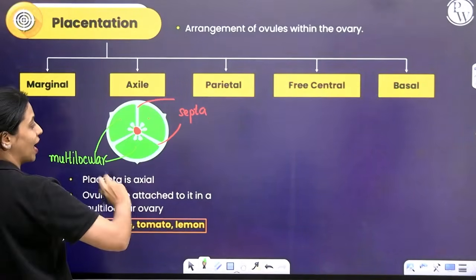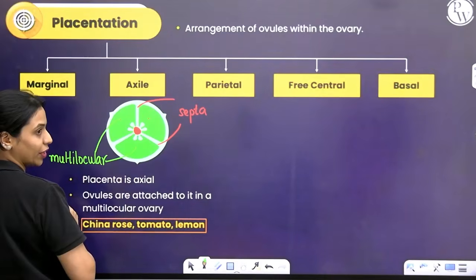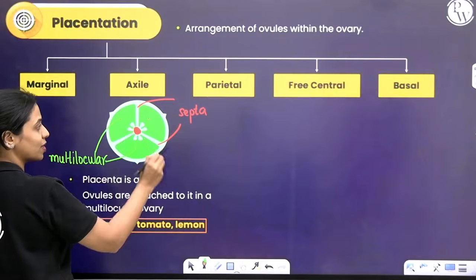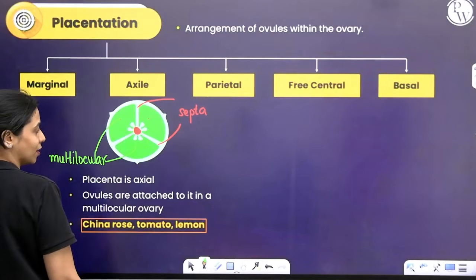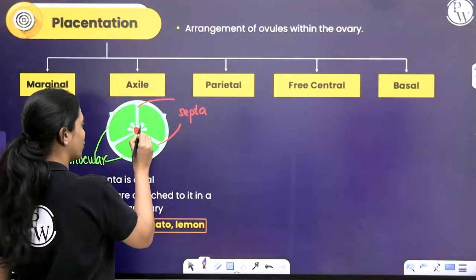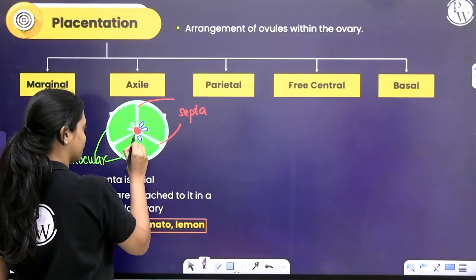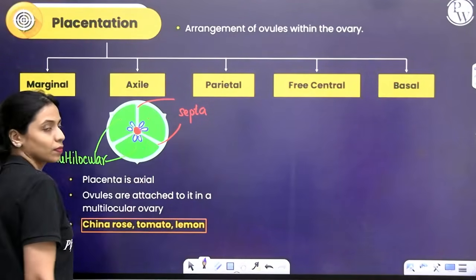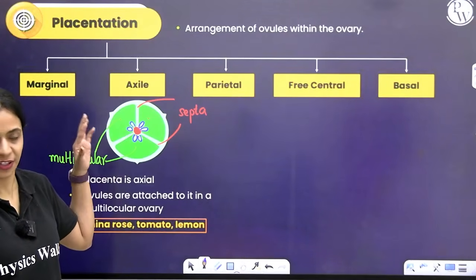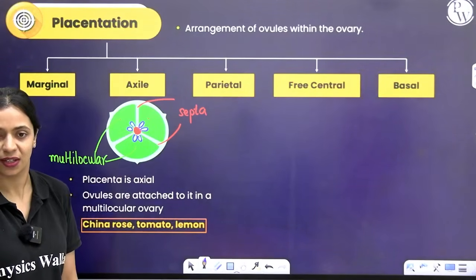So here you have a multilocular ovary with a central axis. The reason this ovary is multilocular is the presence of these septa. To the central axis, you can see how the ovules are attached. Even in orange and lemon, you see this kind of placentation. This is called axial placentation.